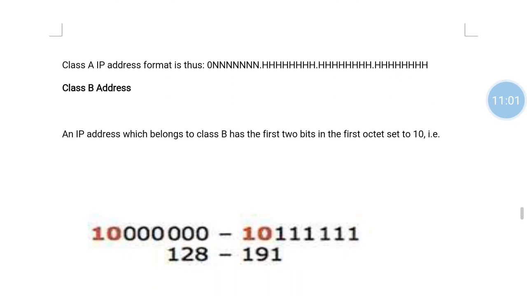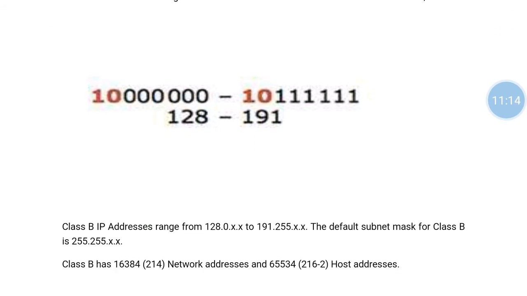Now, for class B, the first 2 bits are set to 10, and it has a range from 128 to 191, and the default subnet mask for class B is 255.255.x.x.